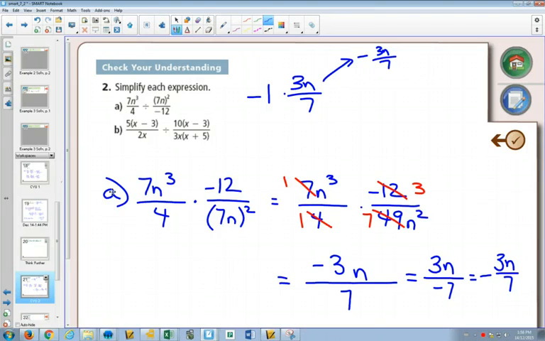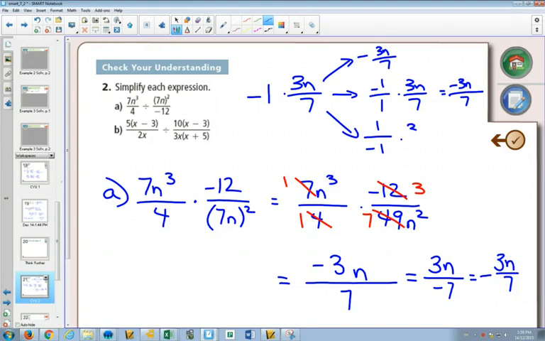But if I wanted to change negative 1 into a fraction, I could write negative 1 as negative 1 over 1. And if I multiplied that by 3n over 7, negative 1 times 3n would be negative 3n all over positive 7. Or I could write my negative 1 as 1 over negative 1.